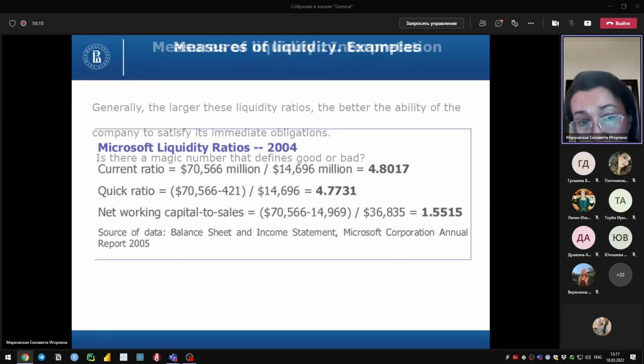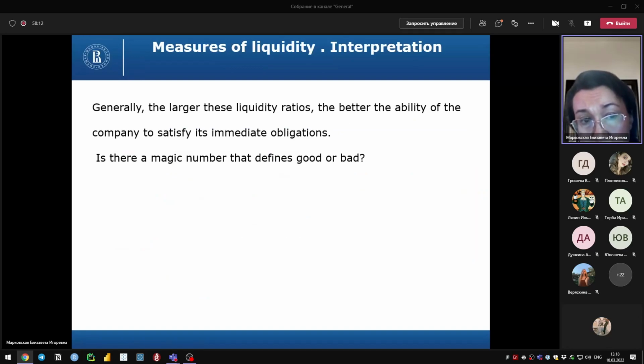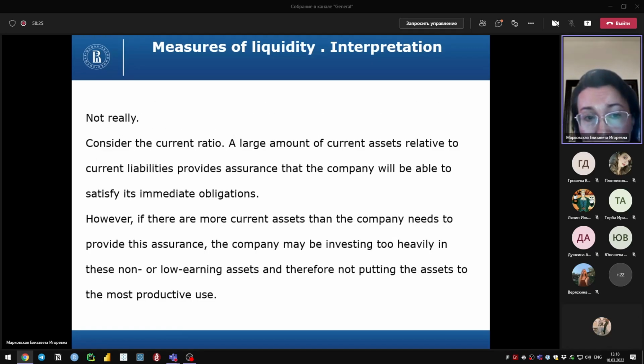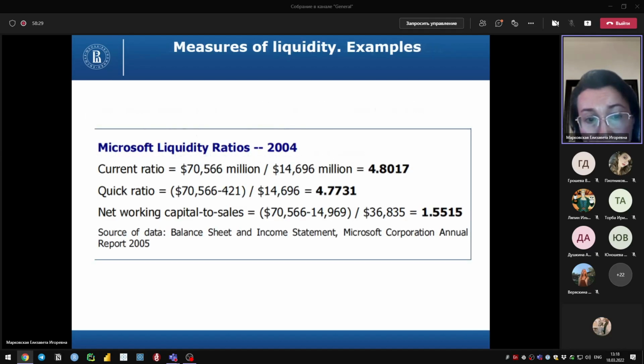The most popular, generally accepted in creditworthiness analysis and bankruptcy risk analysis, are liquidity ratios: current liquidity ratio, quick liquidity ratio, and this third one, net working capital to sales ratio.